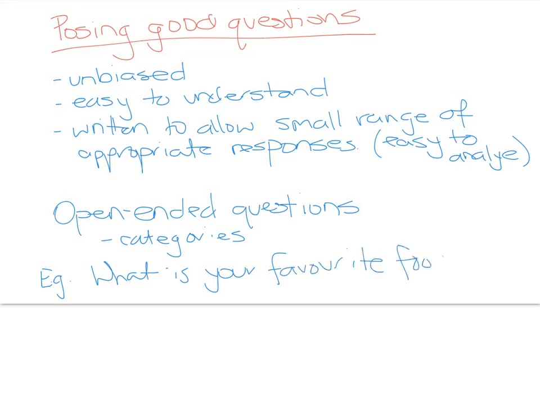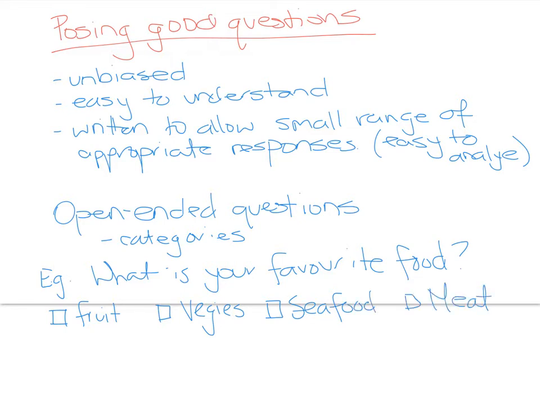So people could give you so many different answers. So what you do is you actually give them categories. Fruit, you would have seen this before, I'm sure. Veggies, seafood, and so on. Easy. And then basically they choose from those which represents closest their favourite food.